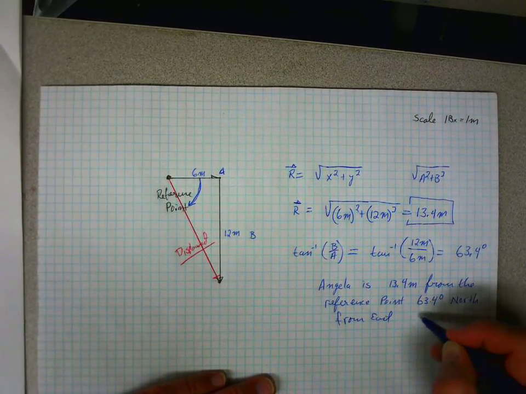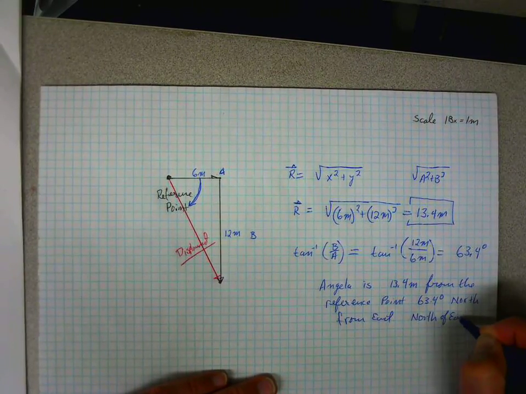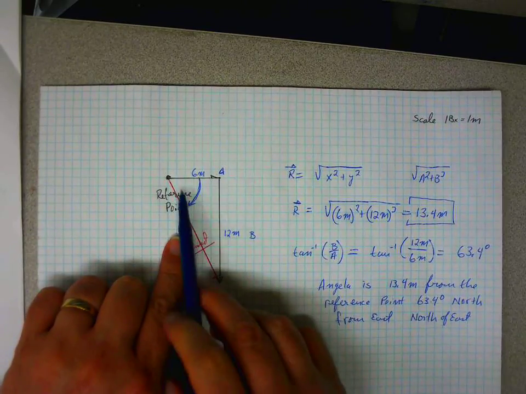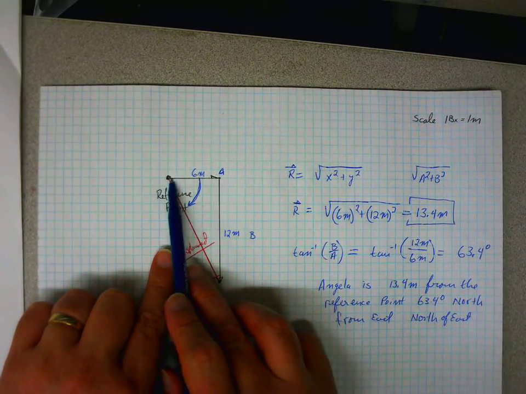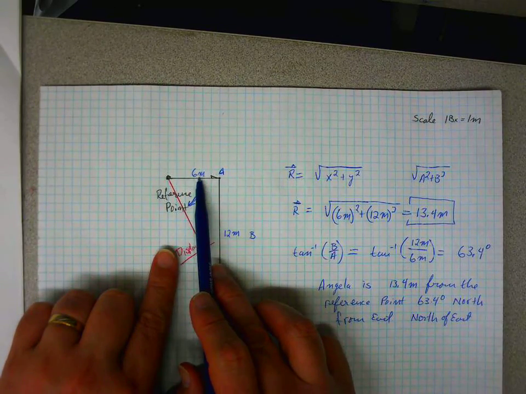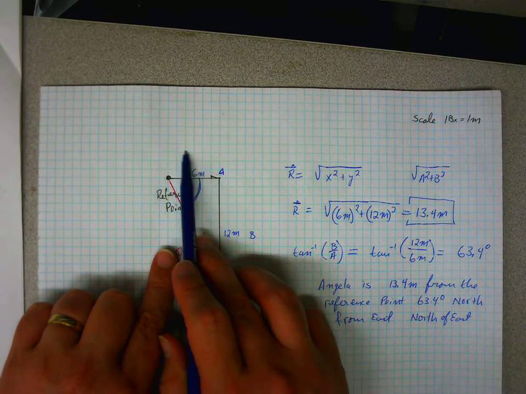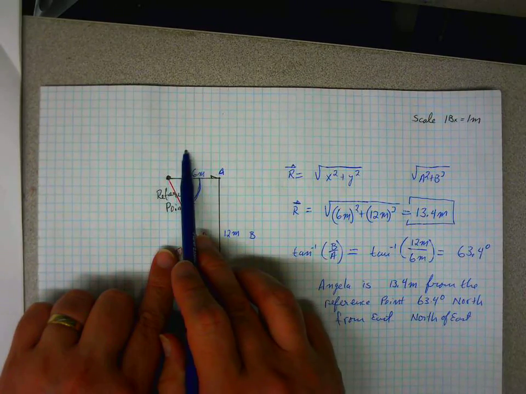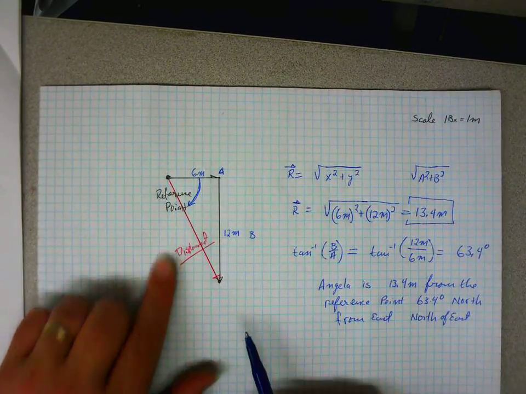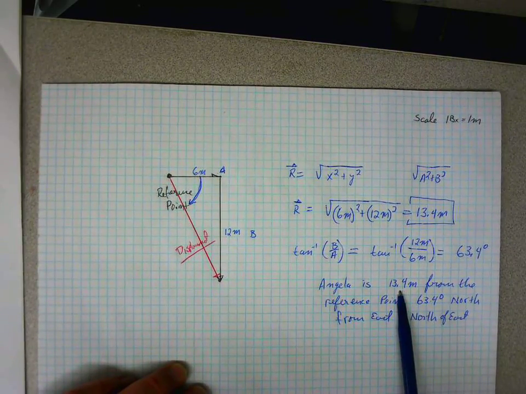Or you could even say north of east. So what this basic statement says is that if we have a line in the eastward direction, it is going to be 63 degrees north of east. So it would be 63.4 degrees north of east. And then we draw the line that way with the magnitude of 13.4 meters.